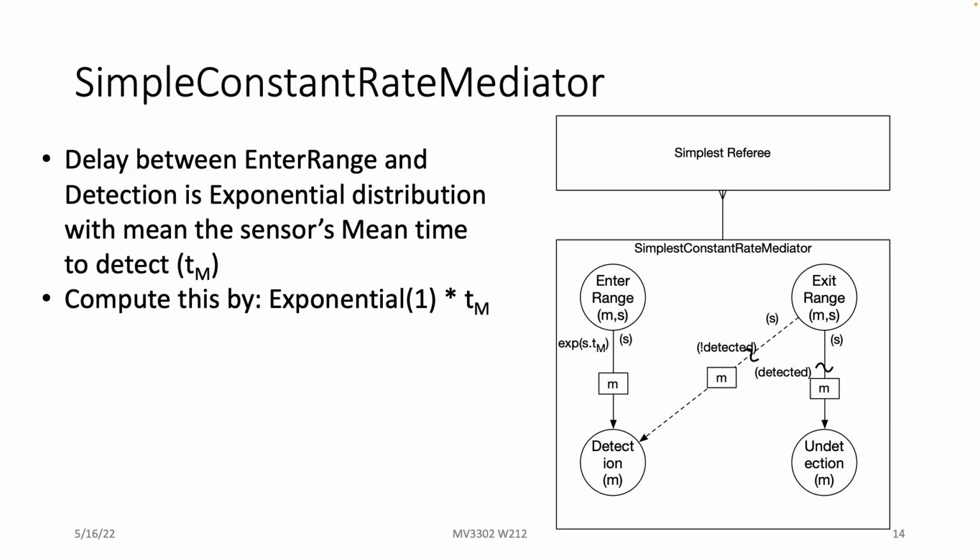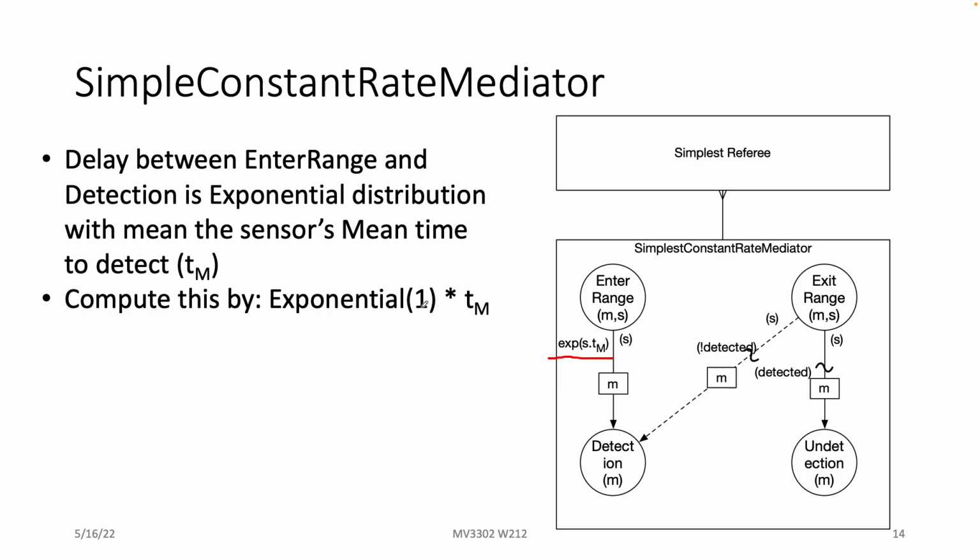And the constant rate is the same structure, and the only difference is that right here we have our mean time to detect as the parameter for the constant rate, and we compute this by generating an exponential random variable with a mean of 1, multiplying it by the time to detect. That's really the simplest way to do it.